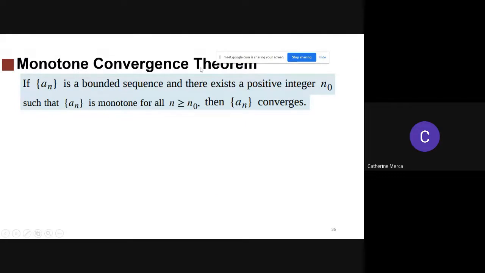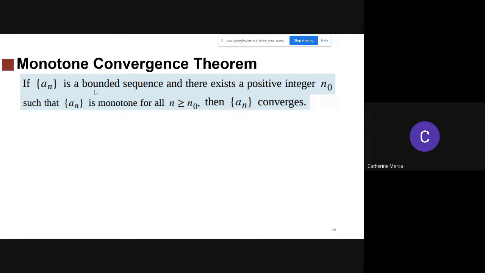Theorem: if A sub n is a bounded sequence and there exists a positive integer n sub 0 such that A sub n is monotone, I mean to say either increasing or decreasing, then A sub n converges. That is your monotone convergence theorem.